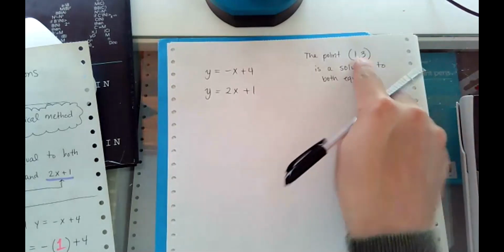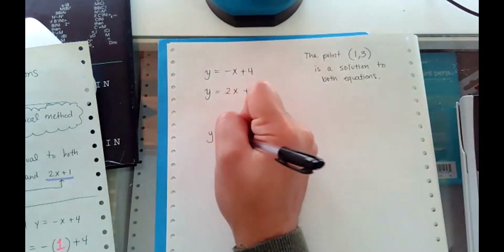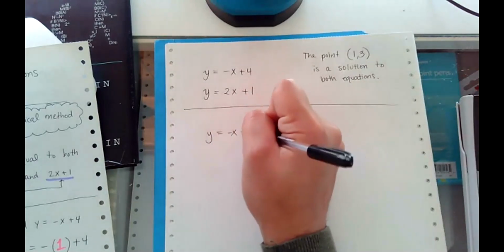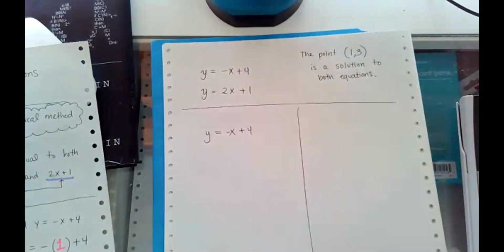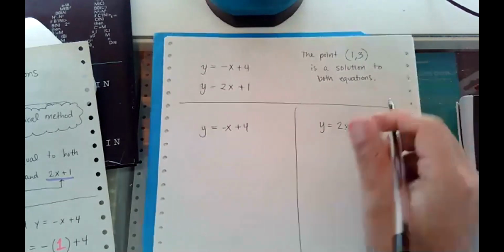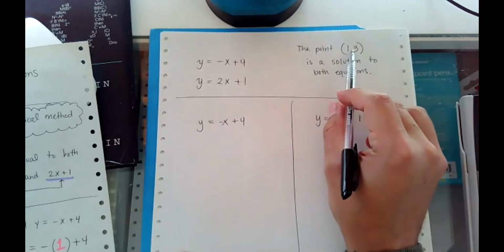So that means if I take y equals negative x plus 4, and I take y equals 2x plus 1, and I substitute these values in.